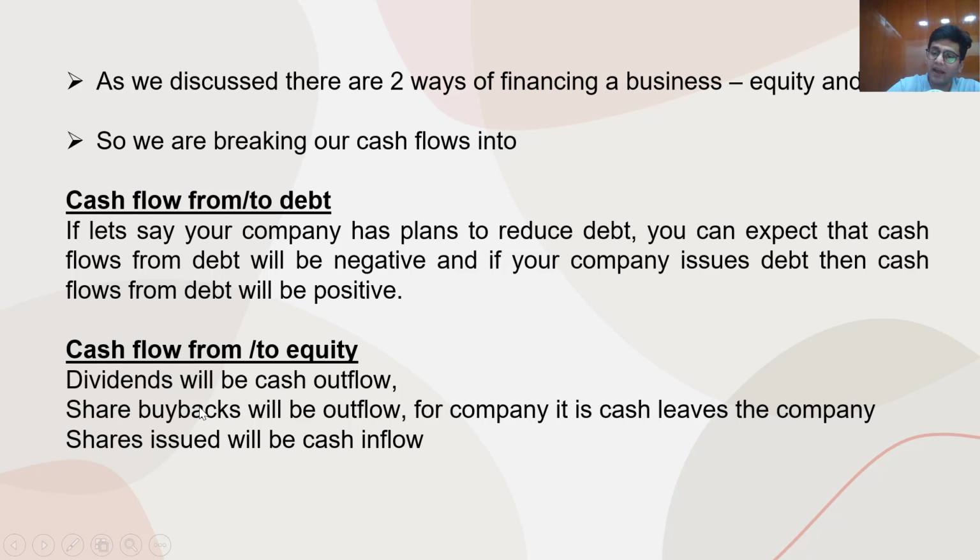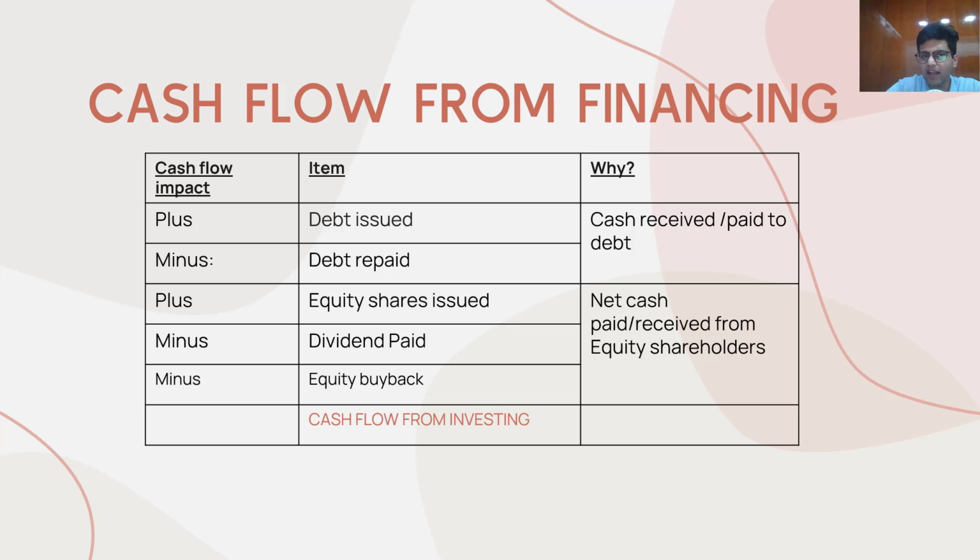If the company is buying back its shares from the equity shareholders, it will be outflow for the company as the cash leaves the company. And if the company issues equity shares, it will be cash inflow for the company. So this is how cash flow from financing activity looks.